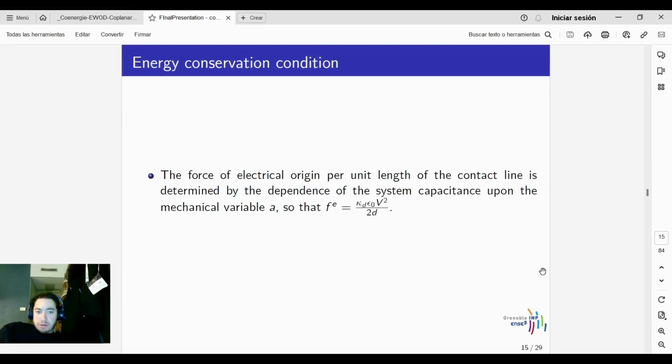So at the end, the electrical force per unit length at the constant line can be defined as a function of the mechanical variable A that we have introduced by setting the next equation, where the voltage obviously depends on A.